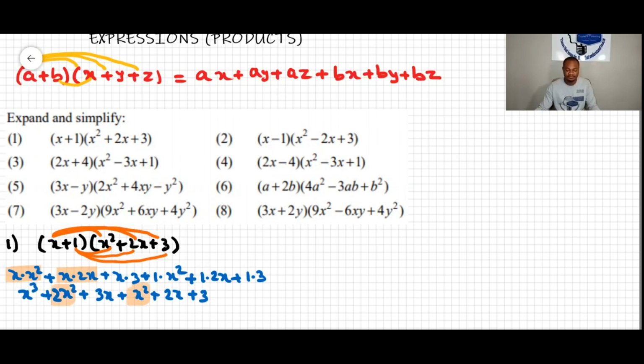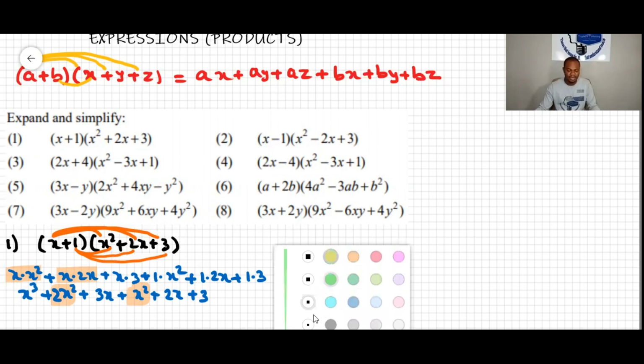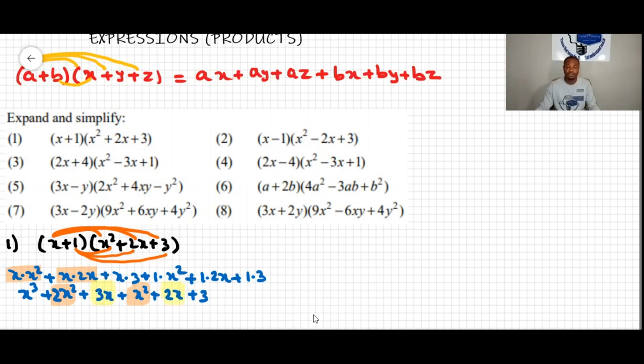Any other like terms? We have 3x here and 2x there, so they can also be combined to simplify. So that makes x cubed plus 3x squared plus 5x plus 3.